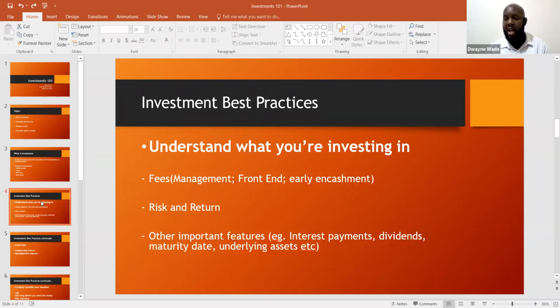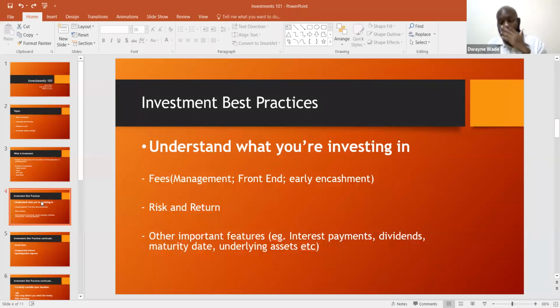But some charge a management fee. There are some that charge a front end fee. So that is pretty much as you put the money in, as you invest in this particular product, a certain percentage is taken out, and that goes towards the company. And some charge an early encashment fee.